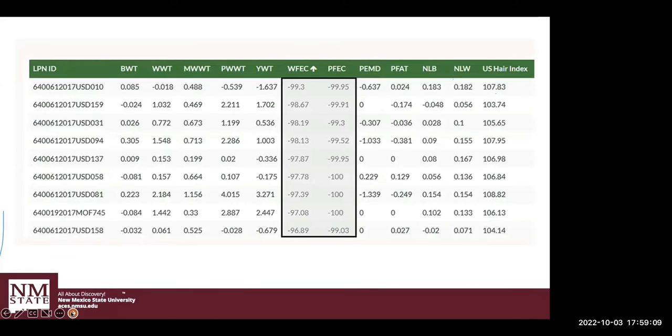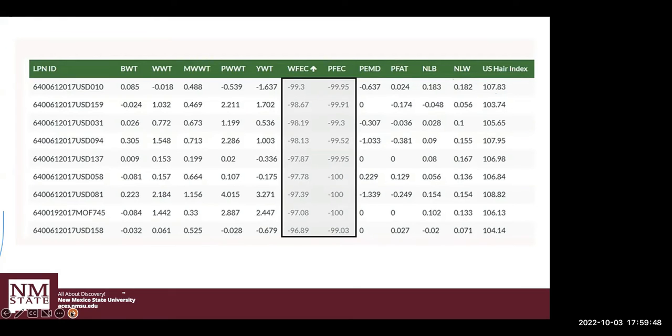So this is a lot of numbers, and I'll try and walk through this. Without a pointer, it's kind of hard, but the far left column with all the big numbers, that's the animal. And then the top row is the individual estimated breeding values and their acronyms, very similar to EPDs in cattle, if you're familiar with that. BWT is birth weight, WWT is weaning weight, then maternal weaning weight, paternal weaning weight, yearling weight. And then this WFEC is fecal egg count.